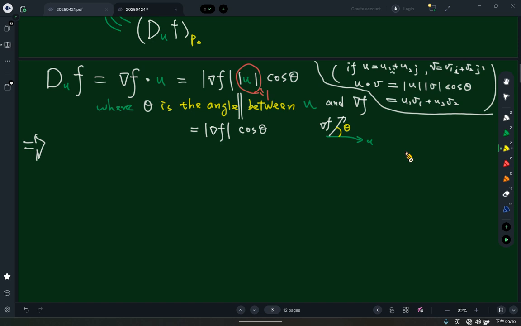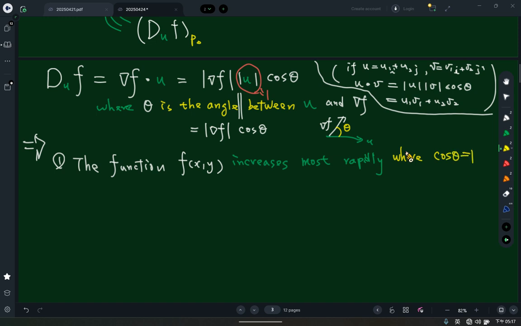Right? So finally, we can have three discussions. The first discussion is the function f of xy will increase most rapidly when cosine theta is 1.